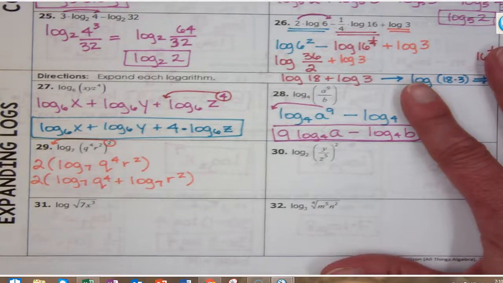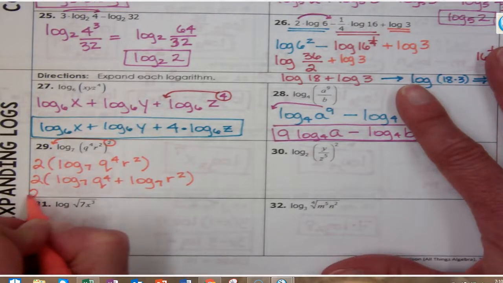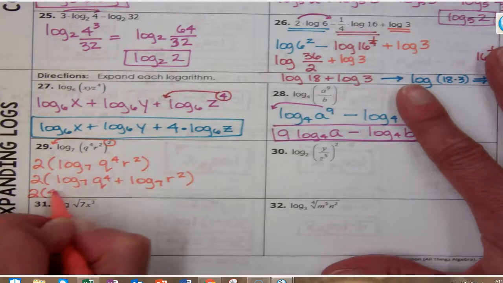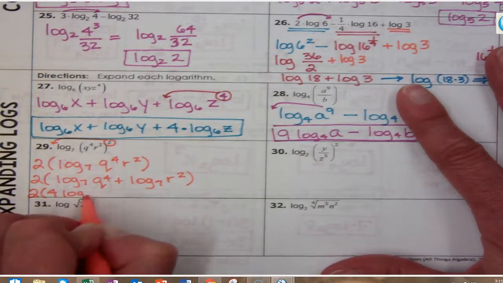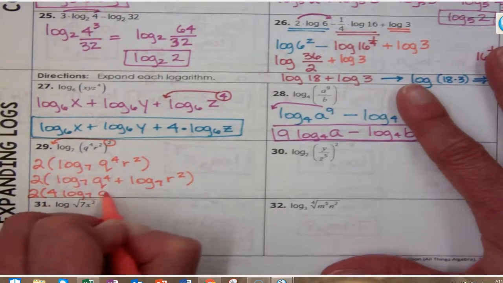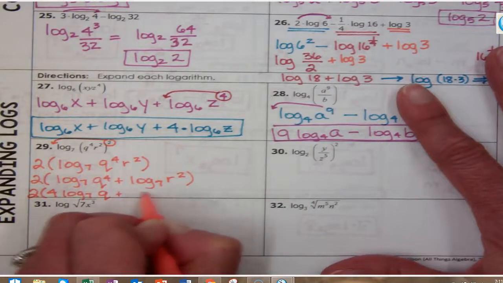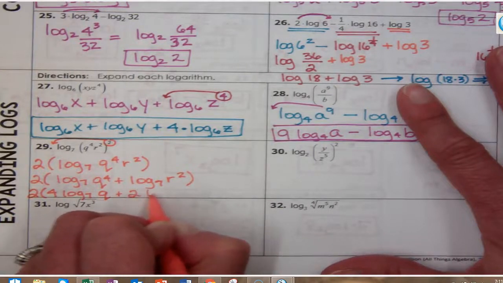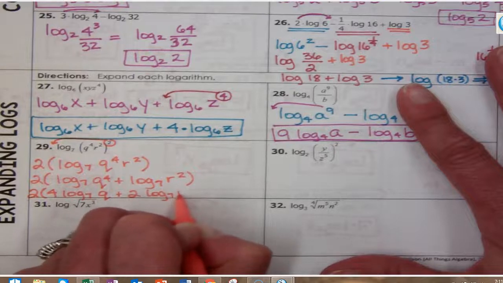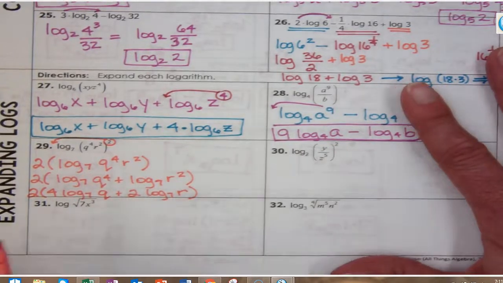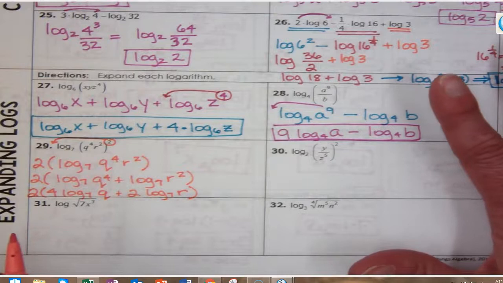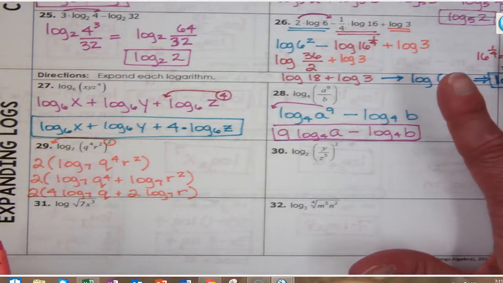Now, I've got to move those exponents out in front. I'm still going to leave my 2 there. 4 log base 7 Q plus 2 log base 7 R. Now I'm going to multiply it out.